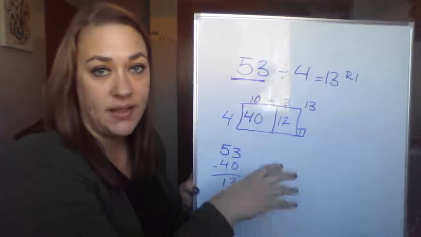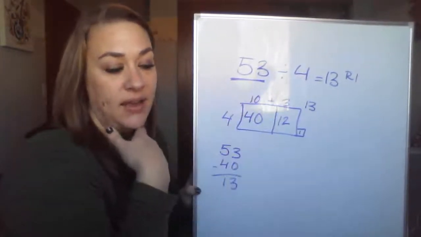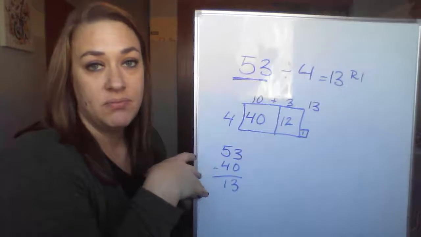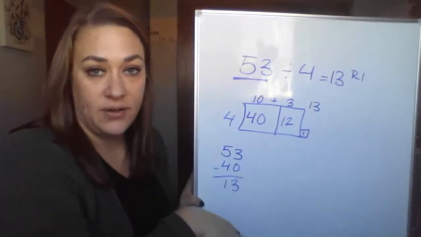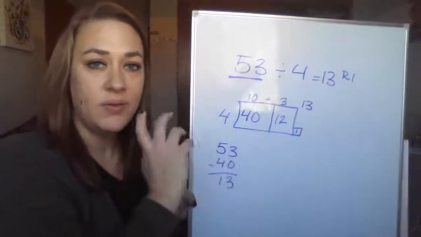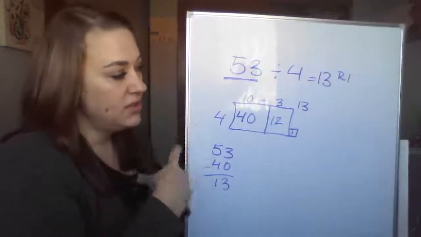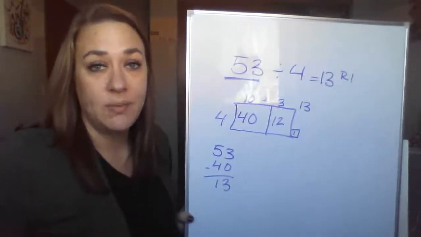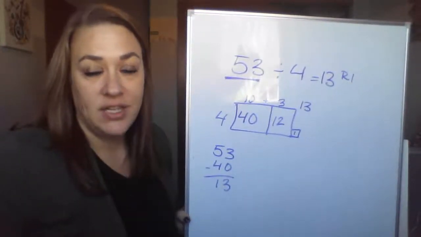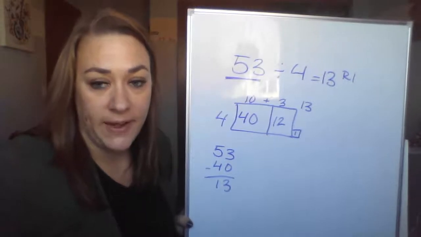It's not the right way. There's multiple ways. And if this is more confusing than the standard algorithm, then just focus on the standard algorithm for now. But if this is like, oh, okay, that's making sense, then do this for a while, and the standard algorithm's not going to go away. We'll keep working on that to master it, but it's just another strategy, okay?